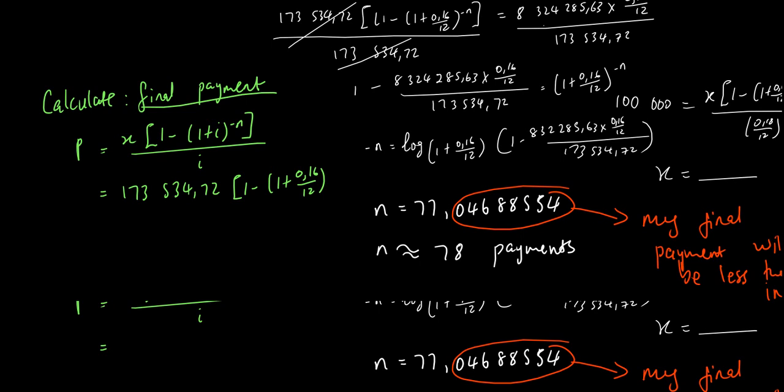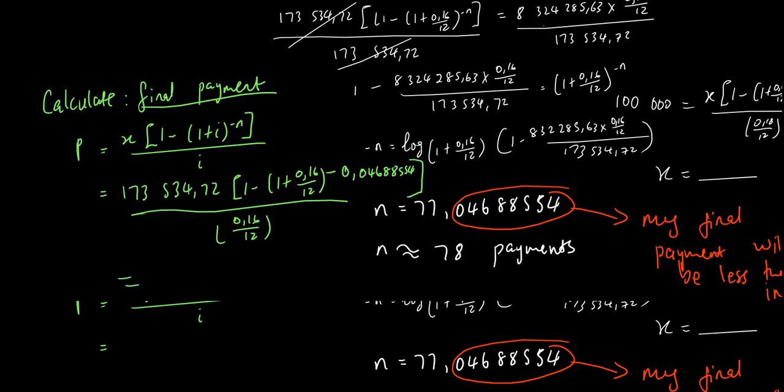For your n, please use these digits, but how you use them is that you write the number as 0 comma, and you take all the digits after the comma. You simply take all the digits after the comma so that you can get the final payment. Then you divide by 0.16 over 12.